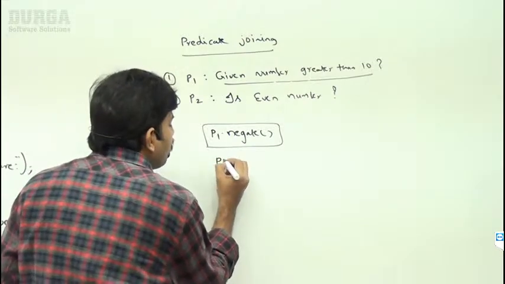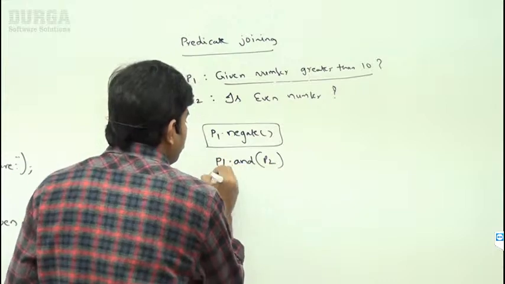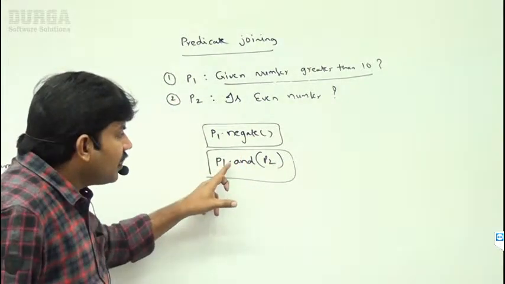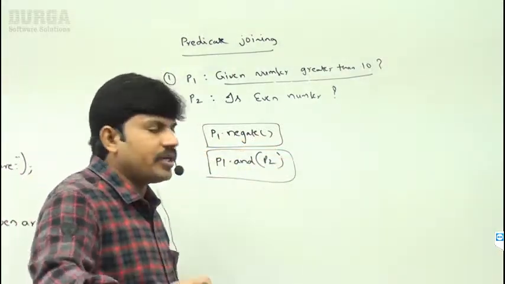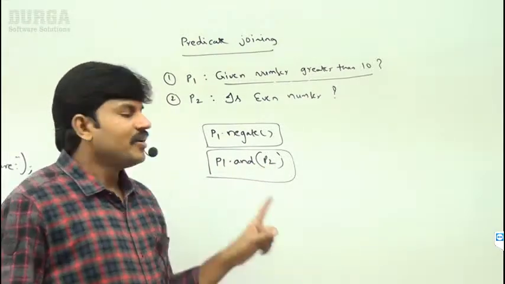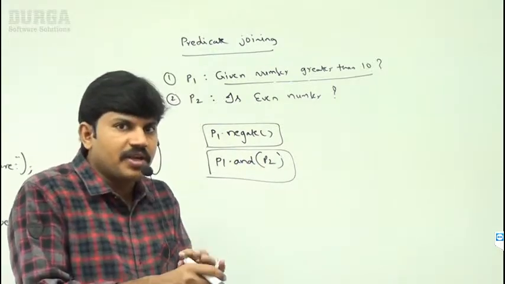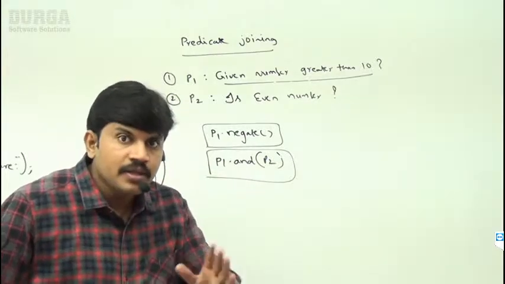Then you can write P1.and(P2). The result is a single predicate which is going to check whether both conditions are satisfied or not. Now I am combining P1 and P2 into a single predicate. Clear for all of you?